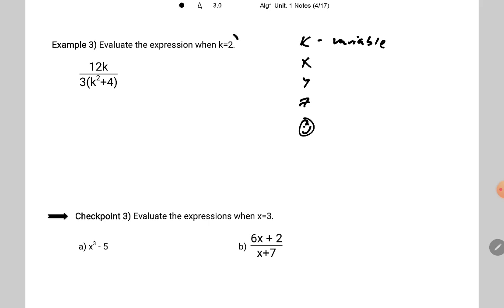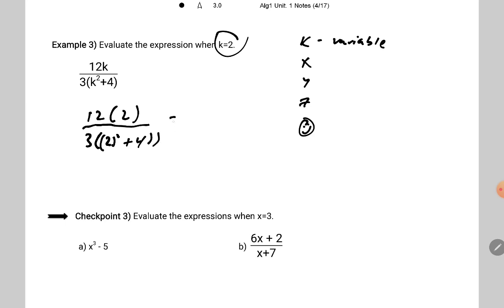For example, k is 2. Every place that we see a k, we're going to put in 2. So 12 times 2. And I like to put parentheses to know what I'm doing here. This is k squared, so 2 squared plus 4.